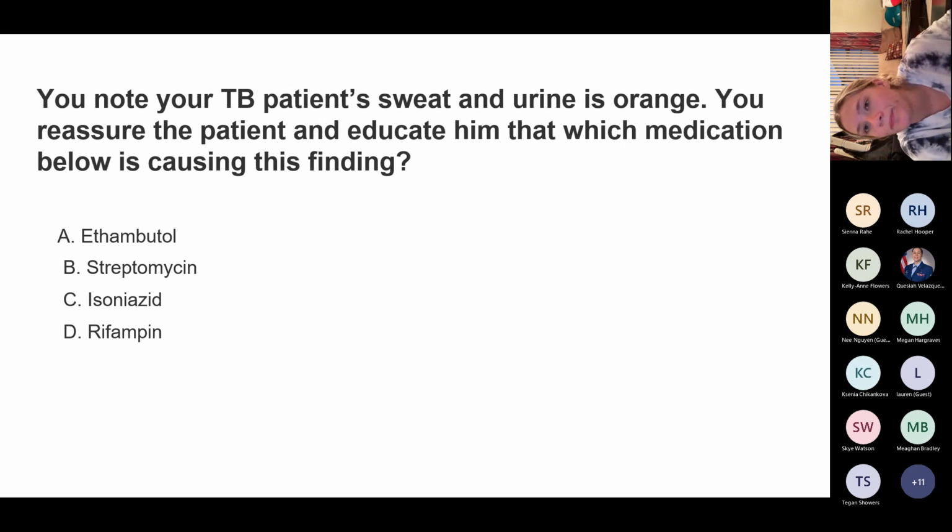I have another one. Your tuberculosis patient's sweat and urine is orange. You reassure the patient and educate him that which medication below is causing this finding.